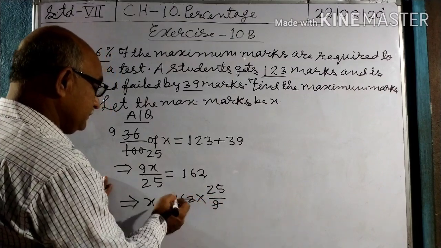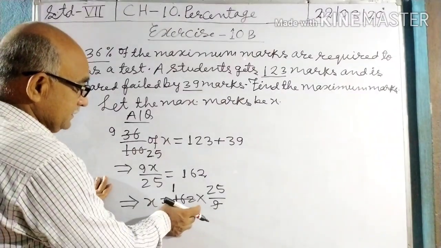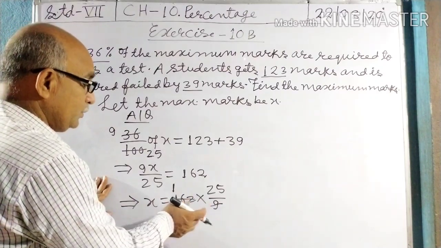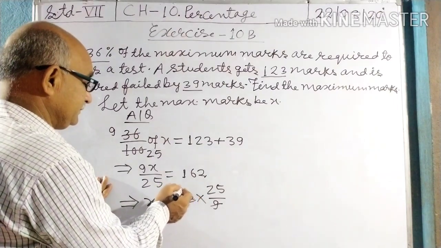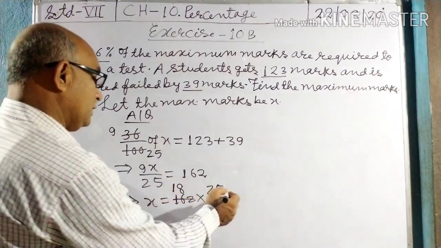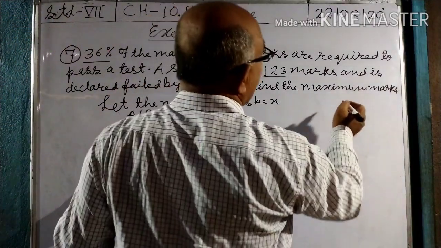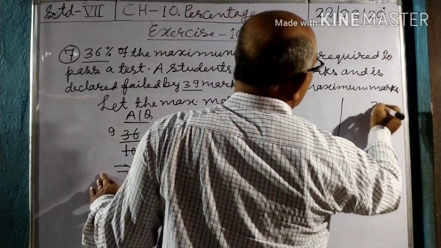So divide it one time. 9 ones are 9, 16 minus 9, 7, 7 and 2, 72. So 9 eights are 72. Now multiply 18 by 25, or 25 by 18 also.